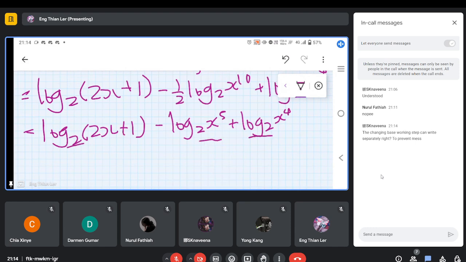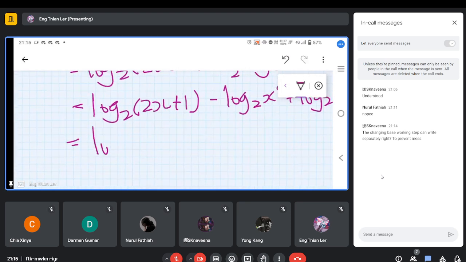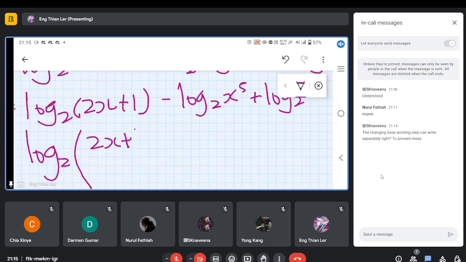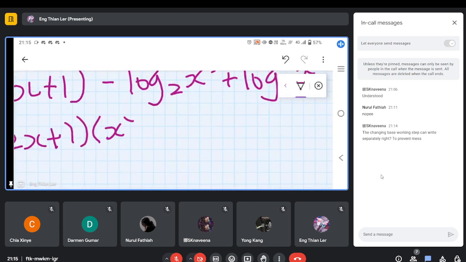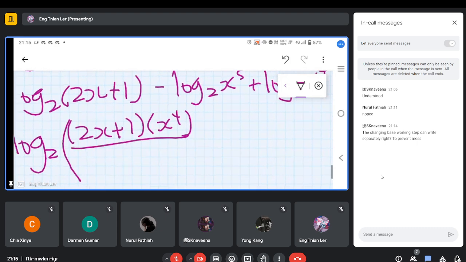Because everything is base 2, we can finally use the laws of logarithm: by dividing by this, multiply by this. Very simple. So now, log base 2, a big bracket, 2x plus 1, multiply by what? Multiply by x to the power 4, because it's plus, and for the minus part, we just divide by x to the power 5.